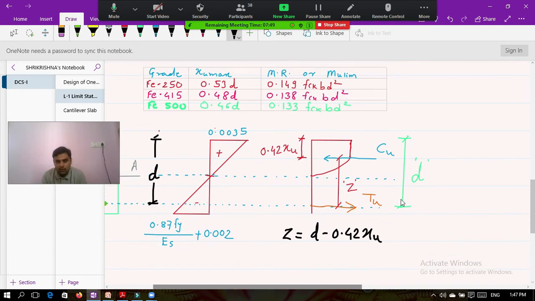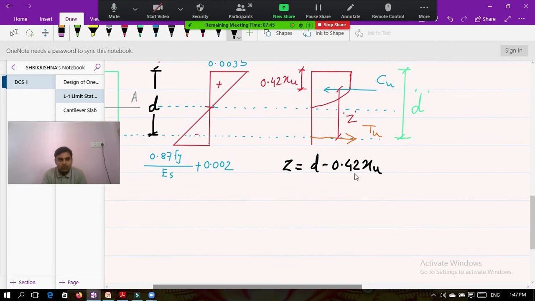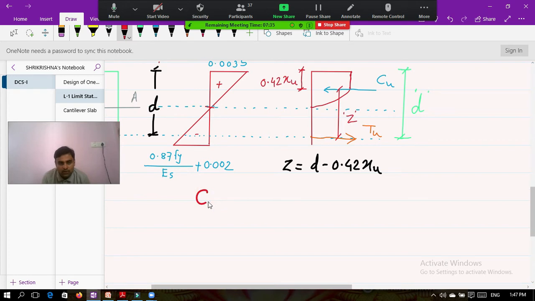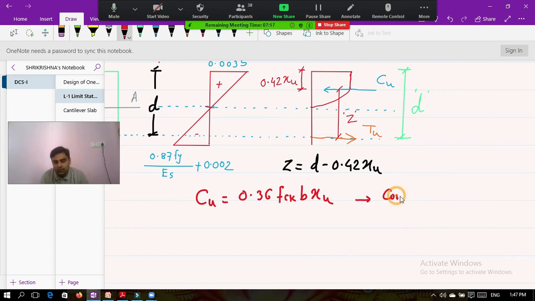Now the values of these forces Cu and Tu. How do we calculate Cu? Cu is equal to 0.36 fck b xu. This is the formula for Cu, the compressive force.